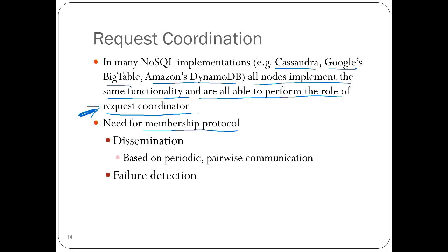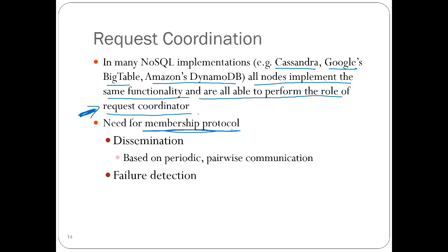Right? So how come these multiple nodes are in a position to work as a request coordinator? It seems to me that there is one protocol that they are all implementing, and that is called membership protocol. What I learned from our textbook about membership protocol is that it has two very important components in it.